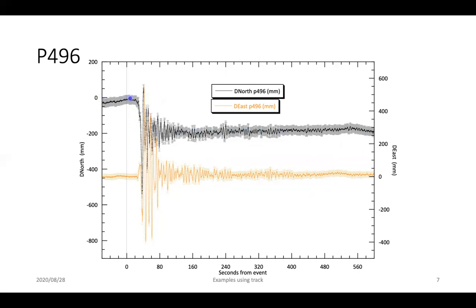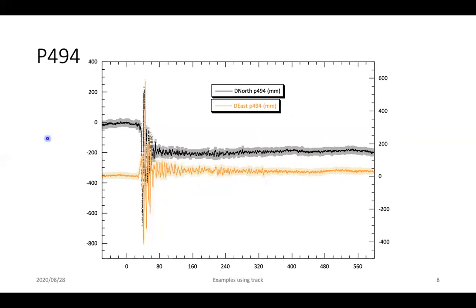We start at about 0 here, and we end at something like 200 millimeters there, you can see. This scale here is for the east component, which again starts at about 0 and ends at about 0. So this static displacement on the east component is very small. Most of the displacement on this site was in the north component.